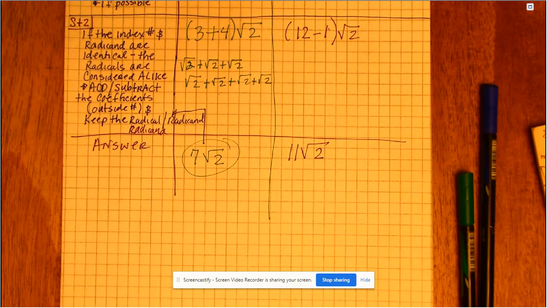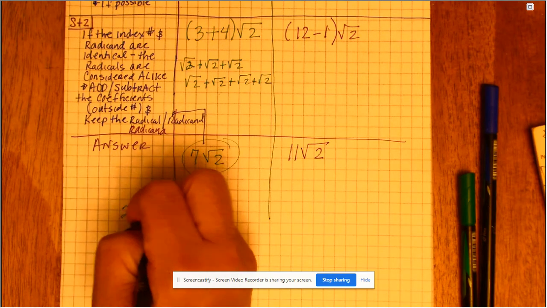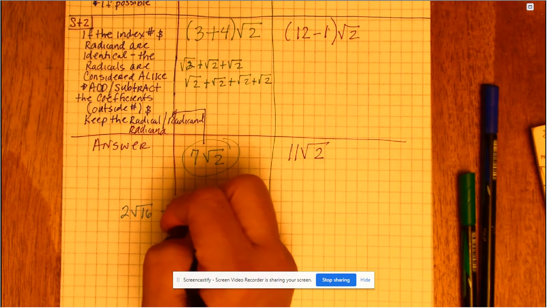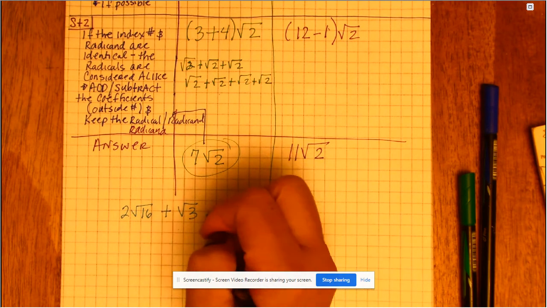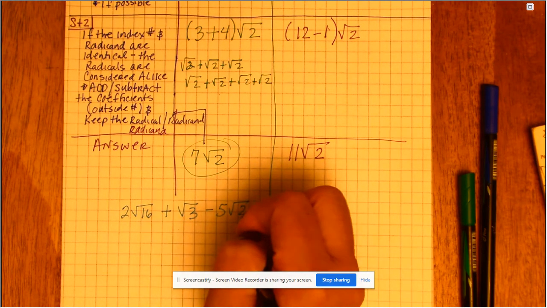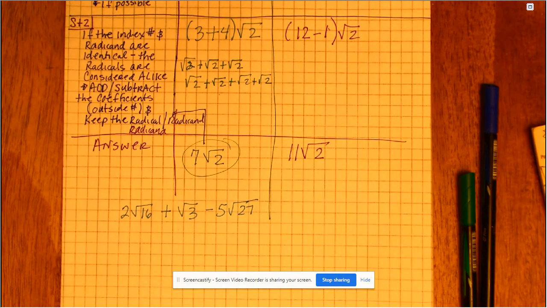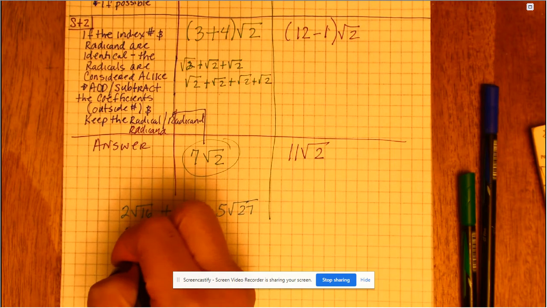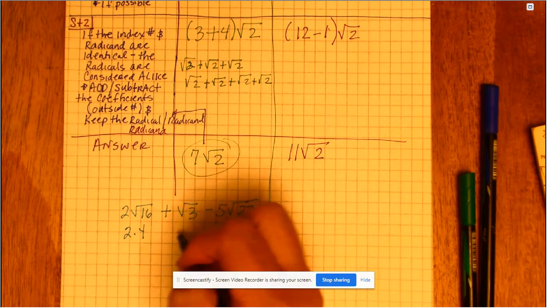Say we're given 2 radical 16 plus radical 3 minus 5 radical 27. So radical 16, the square root of 16, is 4. 4 times 2, right? Radical 3 is as simplified as it can be.